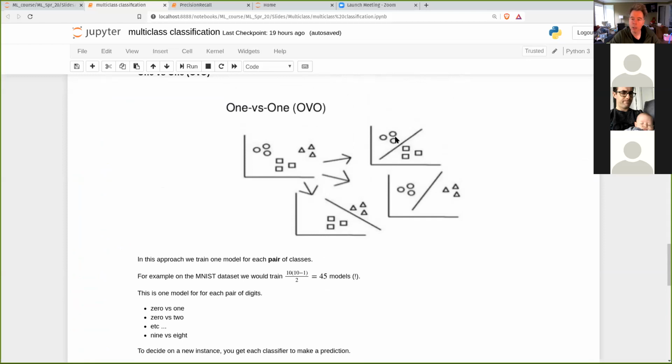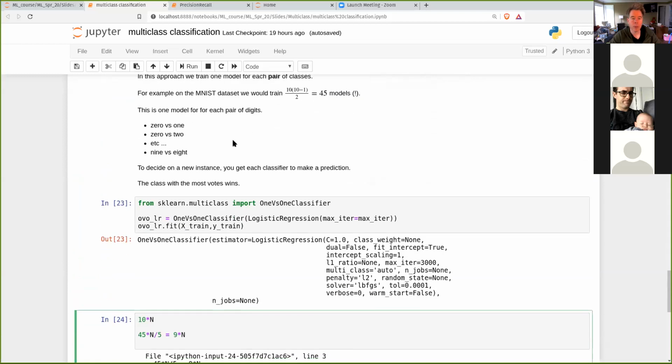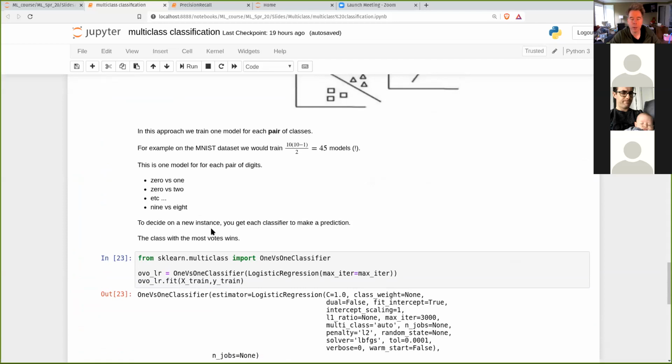But anyway, the strategy here is just make a bunch of models, one model for each pair of classes, and what that model does is distinguish between those 2 classes. So now what do you do when you have to make a prediction? You give the new instance to each one of these 45 classifiers, and each one votes on what they think it is.